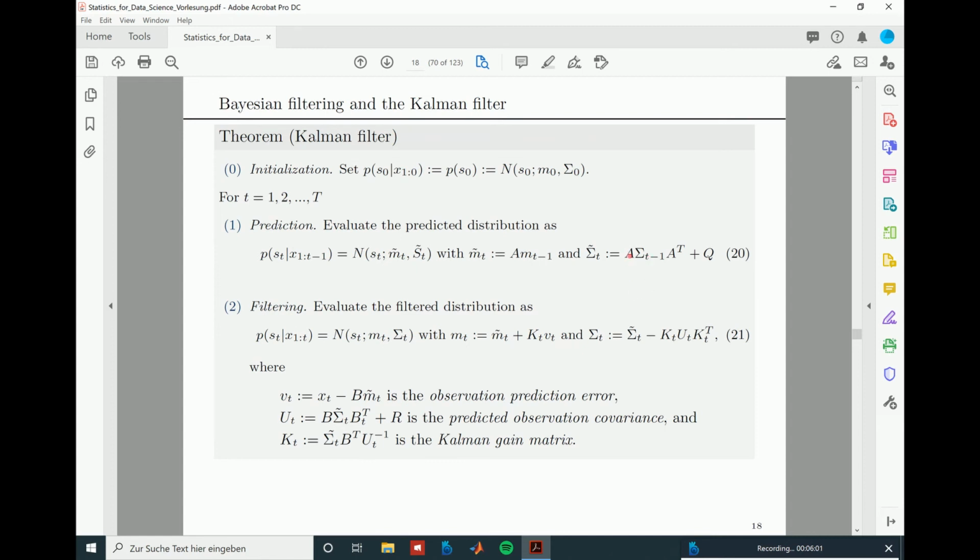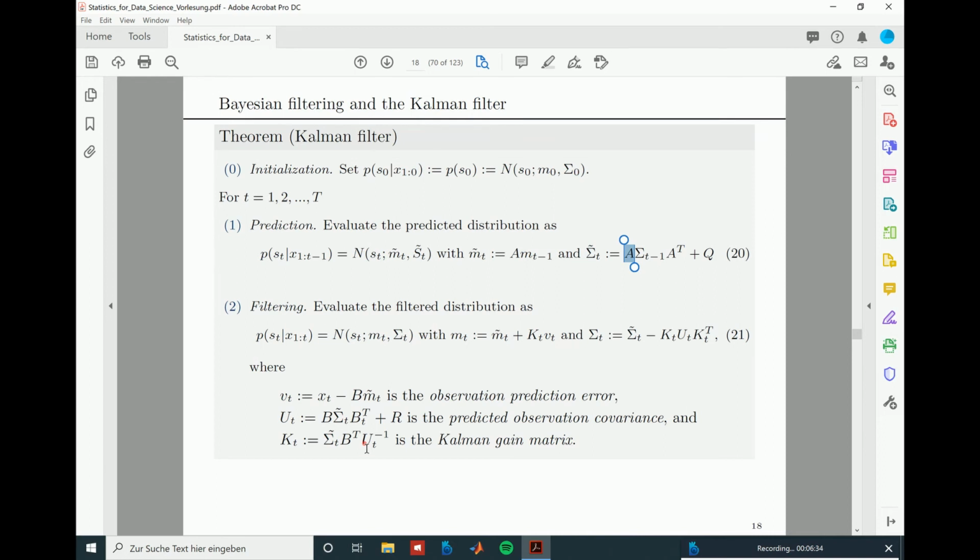You define parameters like A, Q, B, and R. And then at each time point, you need to compute this tilde m_t, S_t, m_t, and so on, based on how the formulas are. The question is more, where do the formulas come from? And there's a limit to understanding what these formulas do if these matrices are quite large. Then you lose track of what that really should mean.